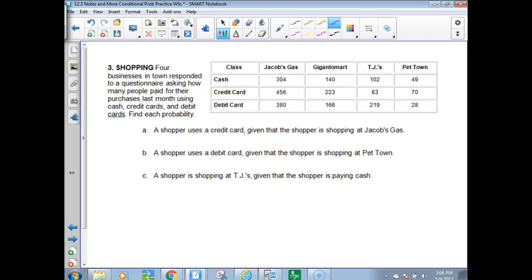All right, number 3. We got a shopper using, oh, and now we got a whole different set of stuff. We got some stores. We've got cash, credit, or debit. I'm sure people look at this kind of statistics in their real businesses. So let's see what we want. A shopper uses a credit card given that the shopper is shopping at Jacob's Gas. All right, where's Jacob's Gas? That's all we're going to look at.